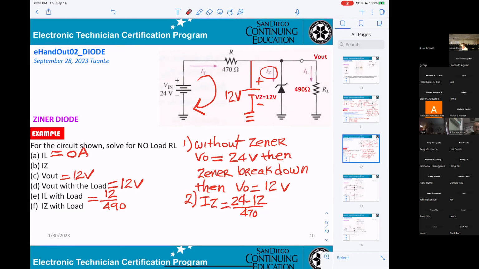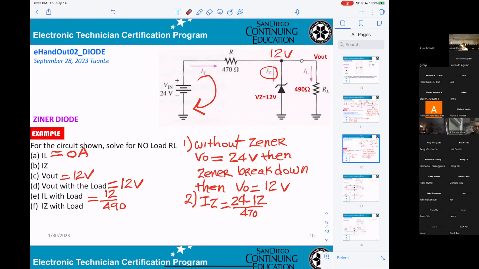Okay. And the last one, they want that current with the load in the circuitry. And you know the voltage. The voltage at this point will be 12 volts.